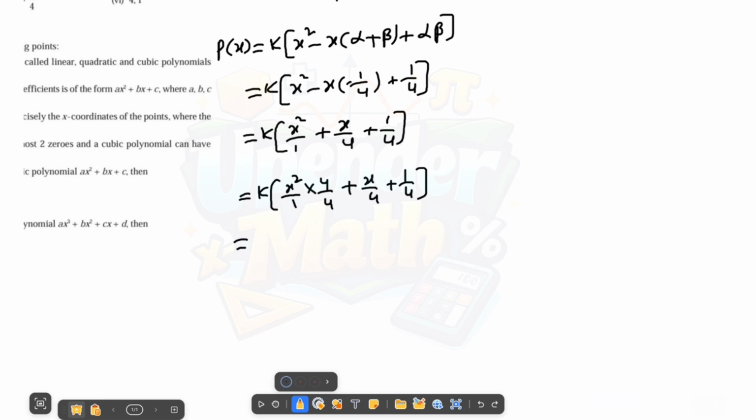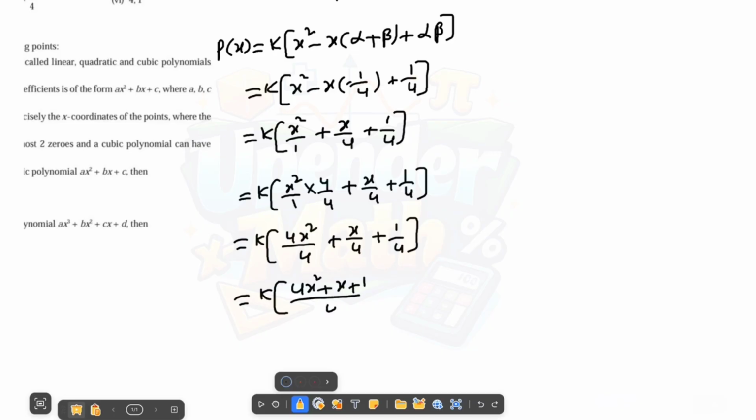Now this will be equal to k of 4x square by 4 plus x by 4 plus 1 by 4. Now all denominators are equal, right? Add the numerators directly. So 4x square plus x plus 1 whole by 4.